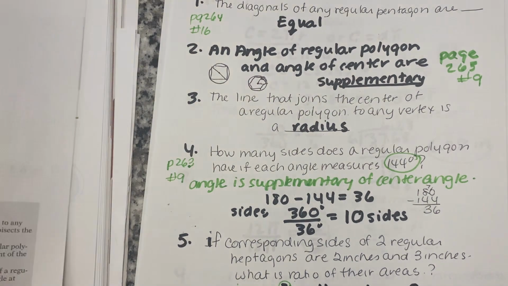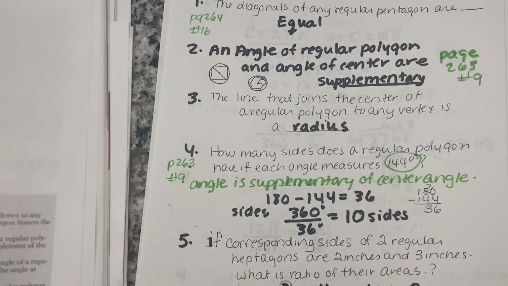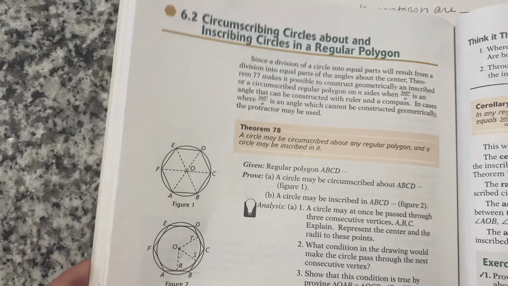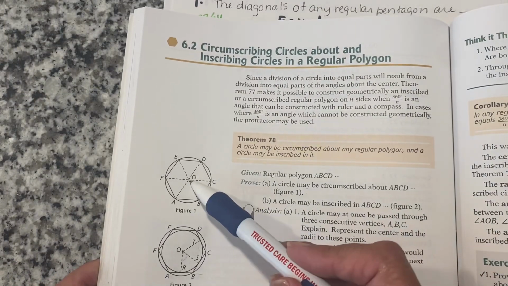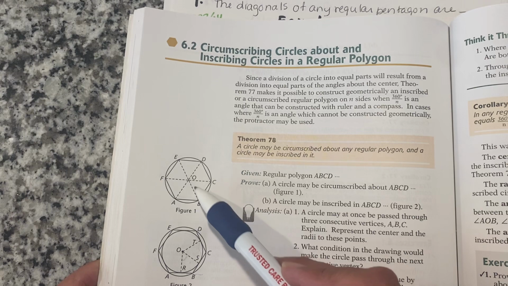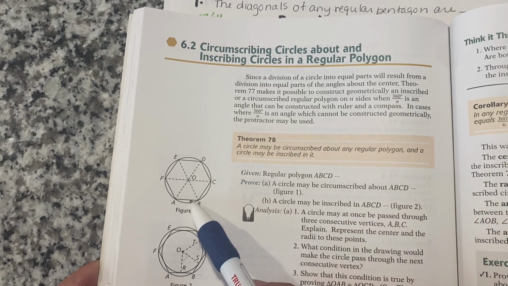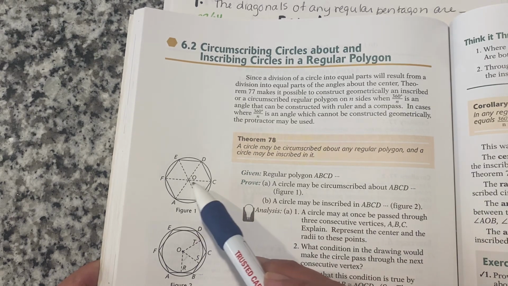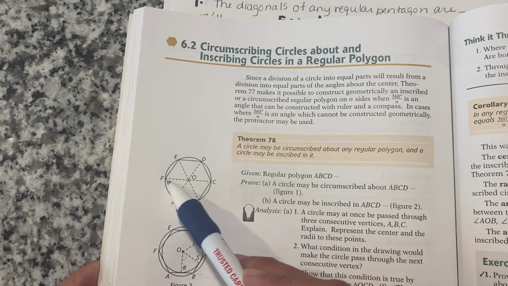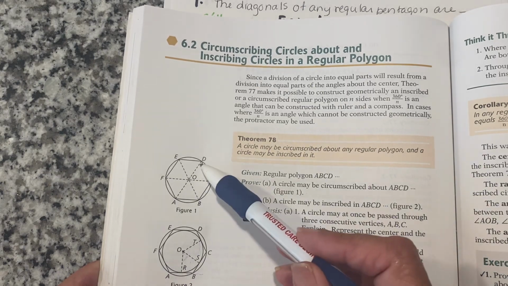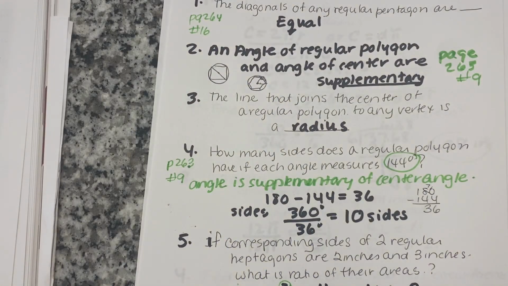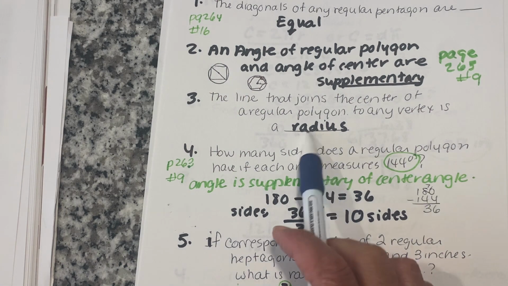Let's look at the radius here. Here's a radius. These are all radii. They go from the polygon to the center. So here's the angle here. There we go. Those are radii, basically the radius of that circle. So the line that joins the center of a regular polygon to any vertex is going to be a radius.